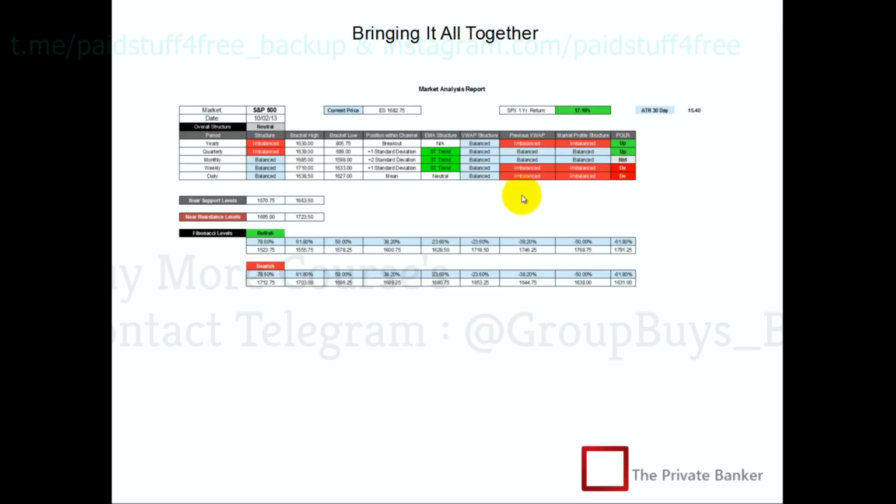So it keeps us in check. It keeps us in the know of what's going on, our important levels. And that's really the most important thing when we look at the market from this macro perspective down to the more micro perspective: staying on the right side of the tape. This is probably the most important thing here.